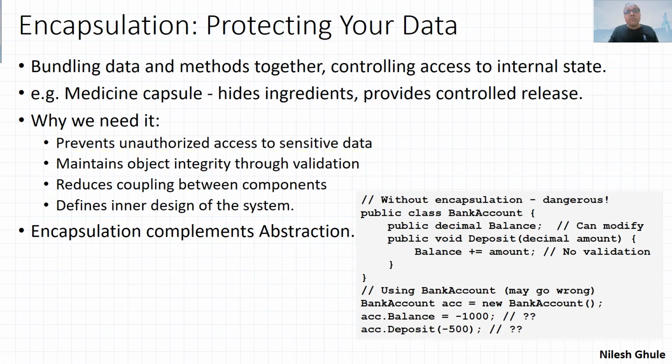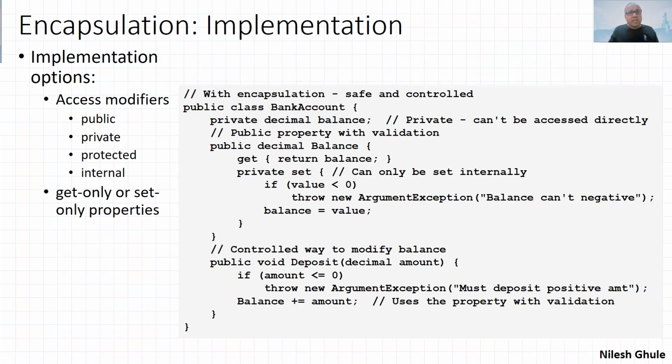Now, let me give you an example of how exactly encapsulation manages it. A typical encapsulation example is setting your data or some of the internal implementation as private. You know that any members which are declared private are accessible only inside the class. They cannot be accessed from outside.